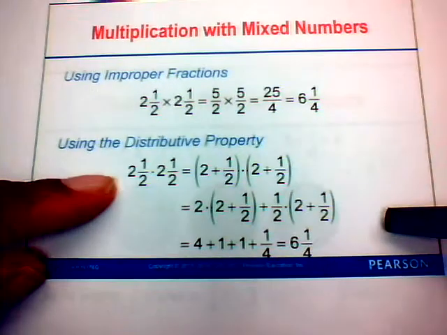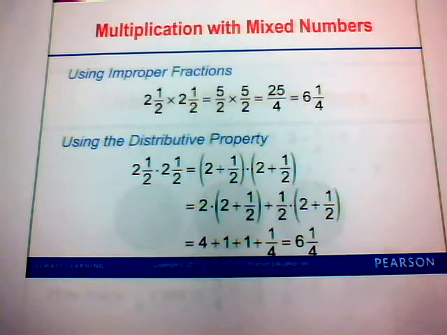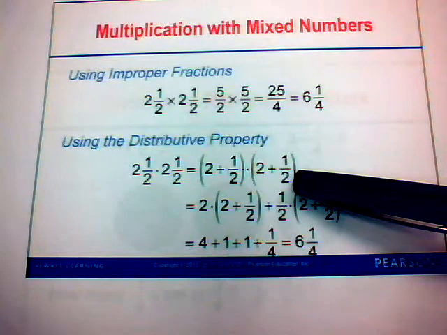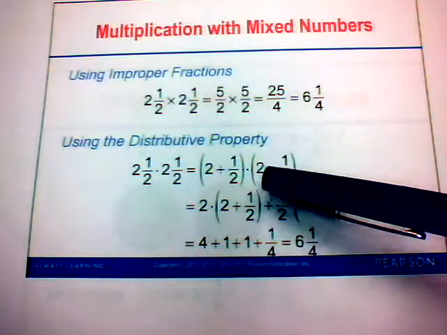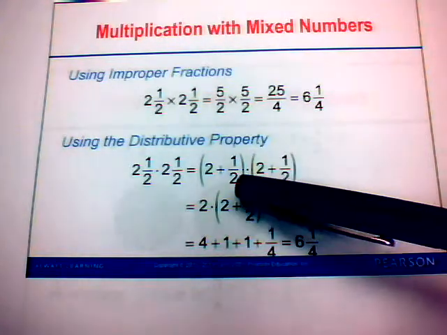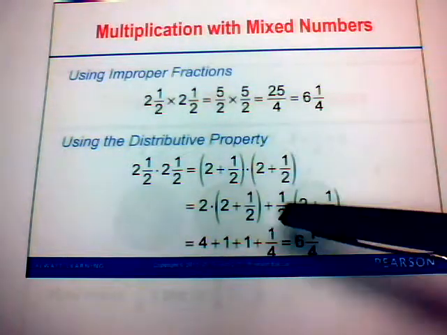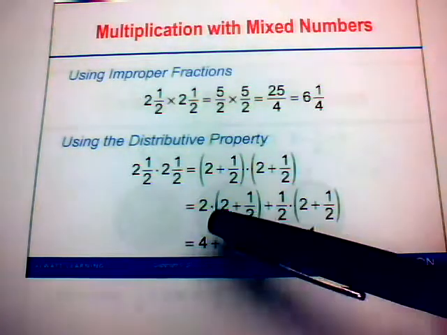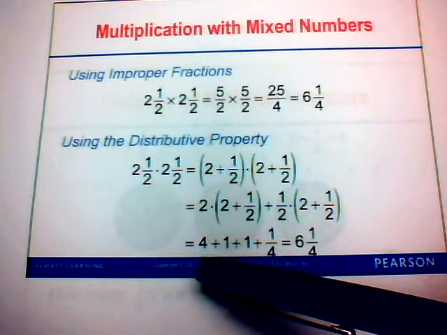And then using the distributive property, you can think of 2 1/2 as 2 plus 1/2. So it's written like this: 2 plus 1/2 times 2 plus 1/2. And then this 2 will be multiplied by 2 plus 1/2, and then the 1/2 will be multiplied by 2 plus 1/2. That's this expression right here. And then use the distributive property again. 2 times 2, that's 4.